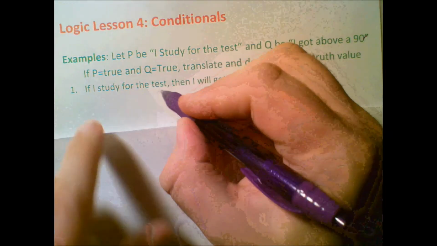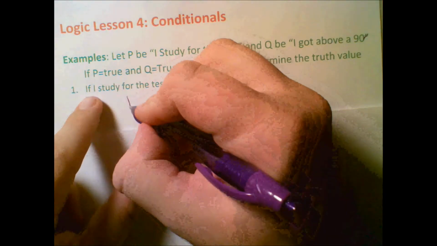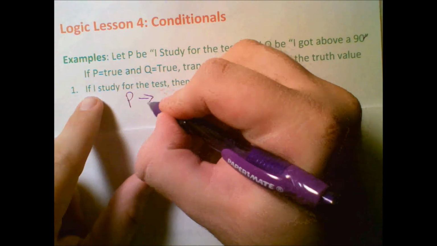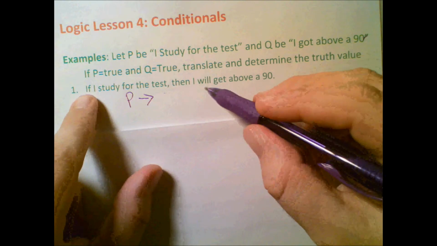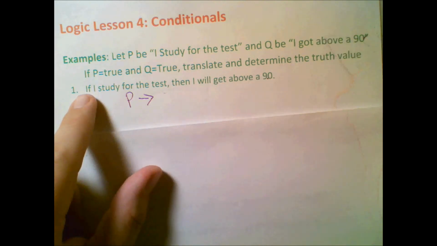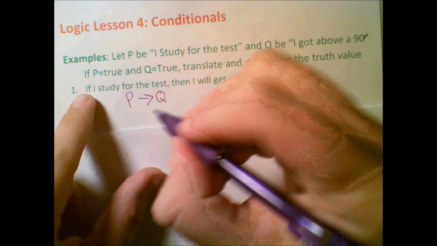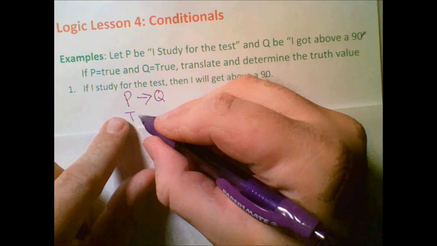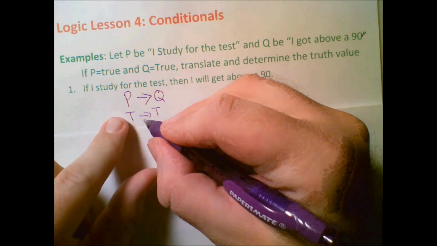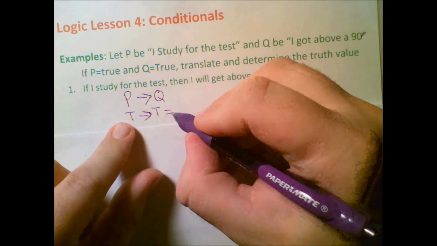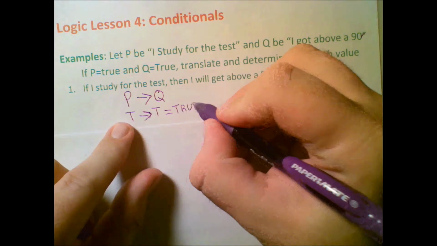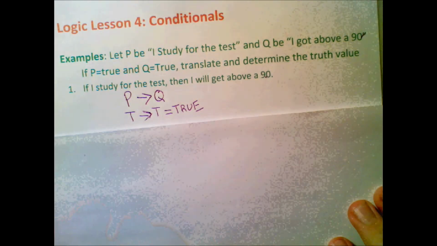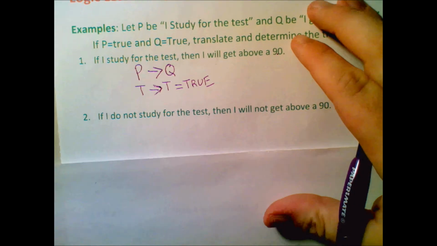If I studied for the test, that's P, then I will get above a 90. That was Q. The first part is true, the second part is true. That means the whole statement is true.